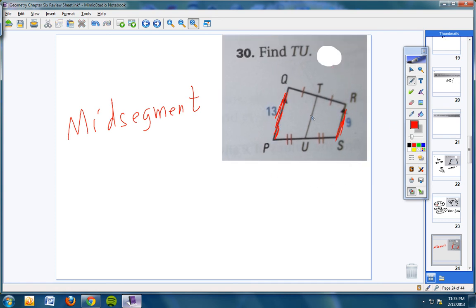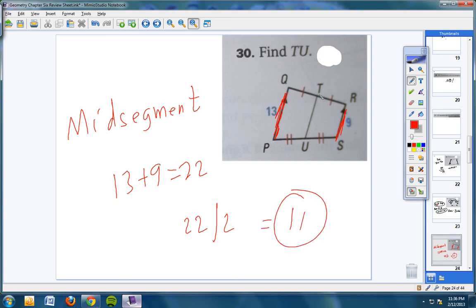They can run this way too. So this is a base and this is a base. Remember how to find the mid-segment? 13 plus 9 equals 22, and then divide it by 2. So 22 divided by 2 would give you 11. So the length of TU is 11.